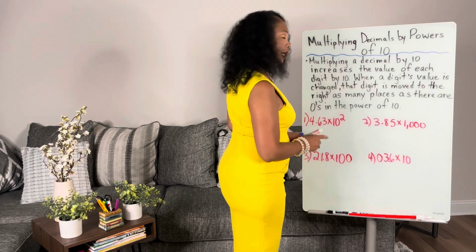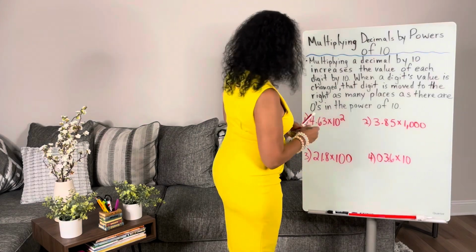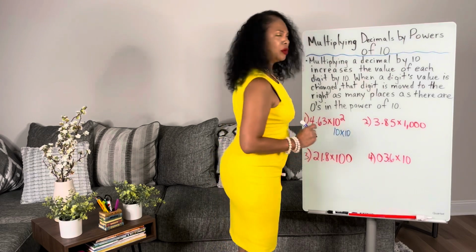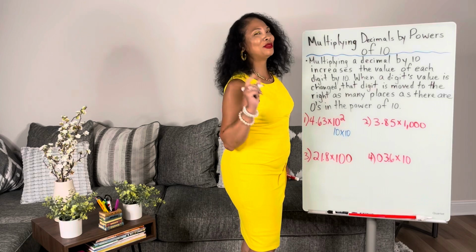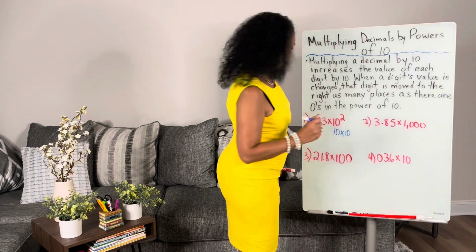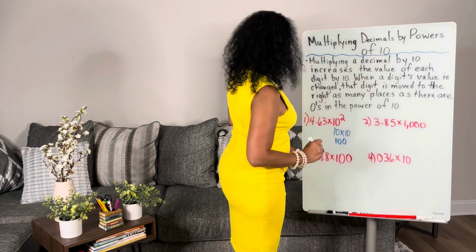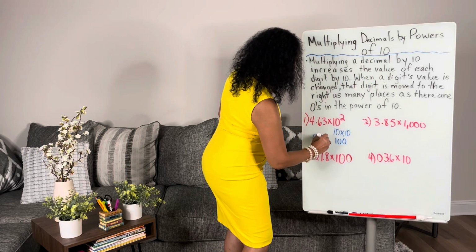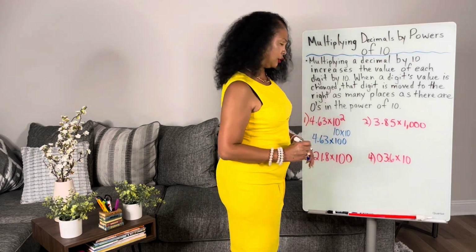So we have 10 to the second power, which is the same as 10 times 10. So let's write down 10 times 10. And what's 10 times 10? That's right, 10 times 10 equals 100. So we're going to write down 100 right here. And we're going to write down our 4 and 63 hundredths times 100.